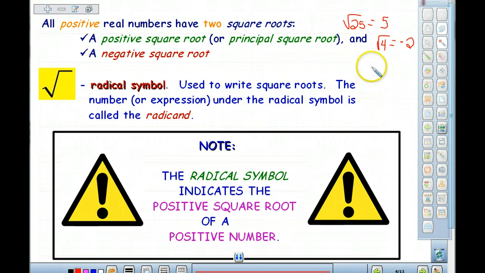If you flip your page one more time, all positive numbers have two square roots. We've got the positive square root and the negative square root. You have to make sure that you do that the correct way.